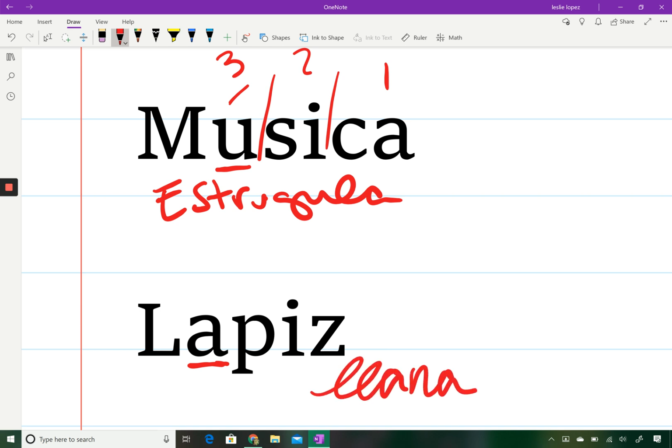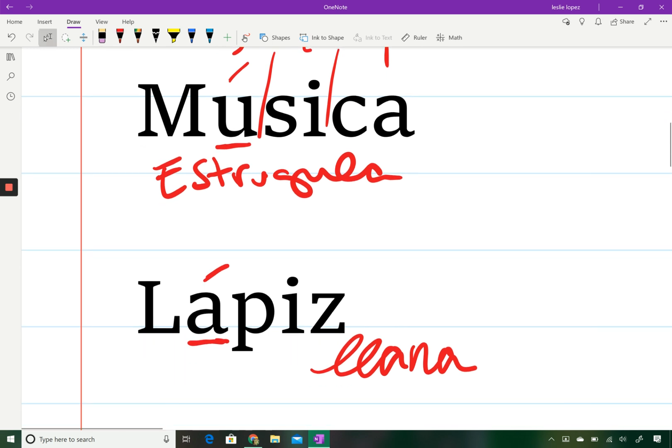Since it is a palabra llana, keeping with the rules, palabras llanas have a tilde or accent mark when they end in any consonant that is not N or S. Thus, lápiz does have an accent mark.